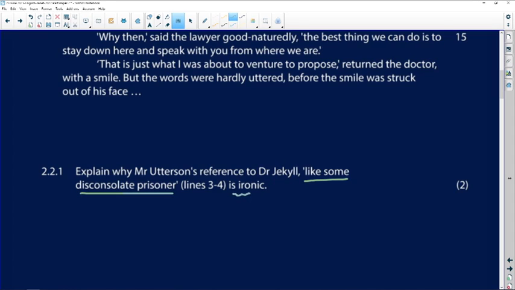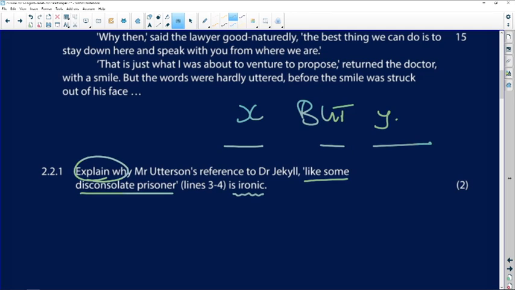You've also got the ironic, and remember you say X, but Y. We expect this, but this is the reality. And then you're explaining why. So we expect something, but this is the reality. You also need to make sure that you're explaining disconsolate prisoner.